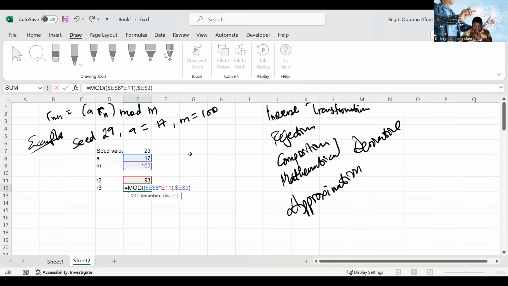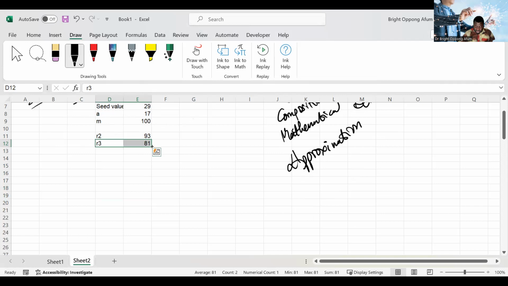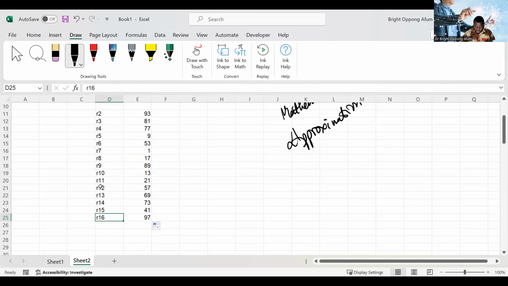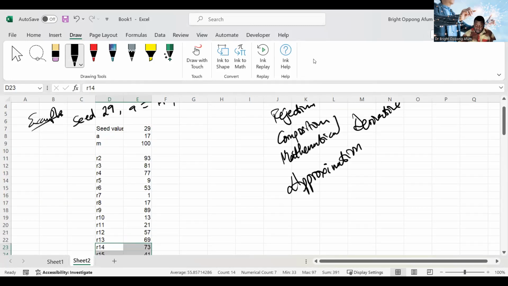So we still maintain the constant A times Rn, where Rn is now 93, and the divisor is still 100. So we can drag this down to the next 100. That's it. Very easy and very straightforward.